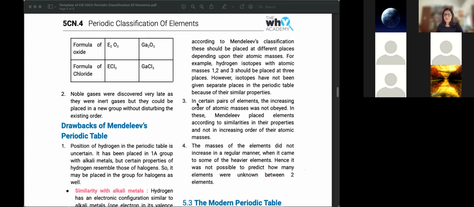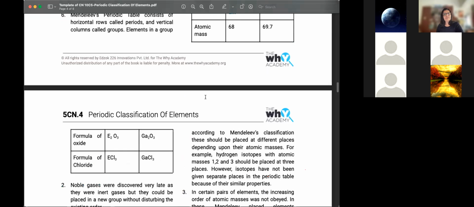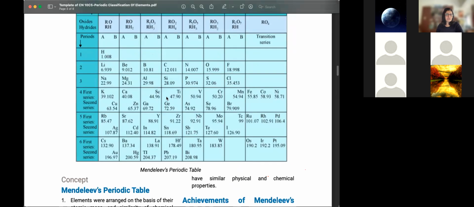And the third drawback is, in certain pairs of elements, the increasing order of atomic masses was not obeyed. As a general rule, Mendeleev said that you need to arrange it in increasing order. But if you start nitpicking, Mendeleev himself did not follow that order. Like you can see aluminium 29.98, silicon 28.09.